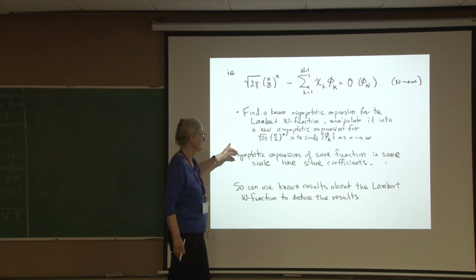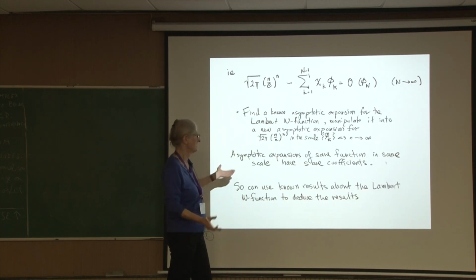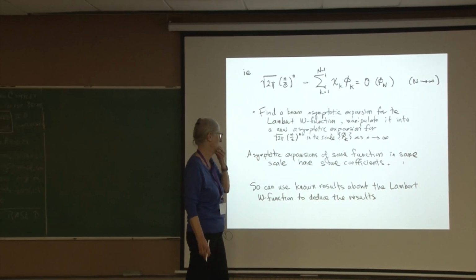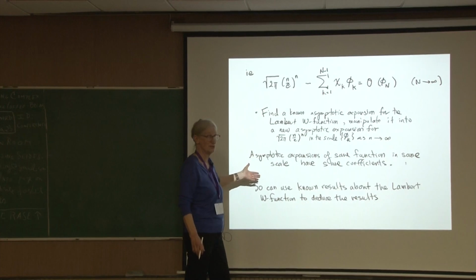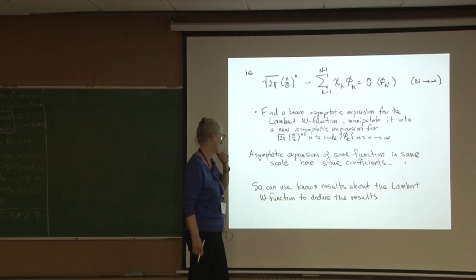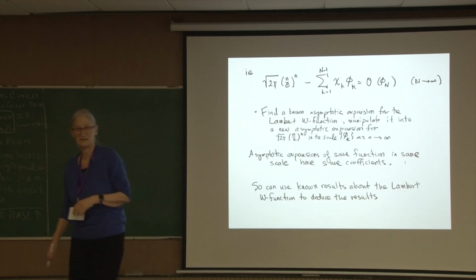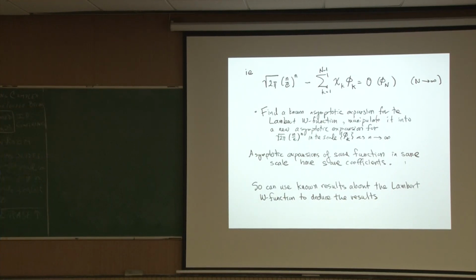So asymptotic expansions of the same function in the same scale have to have the same coefficients. That's a basic feature of asymptotic expansions. So then you can use known results about the Lambert W function to deduce results about the coefficients, which are the Euler characteristics.